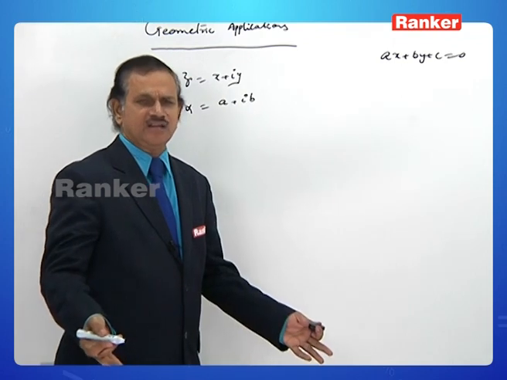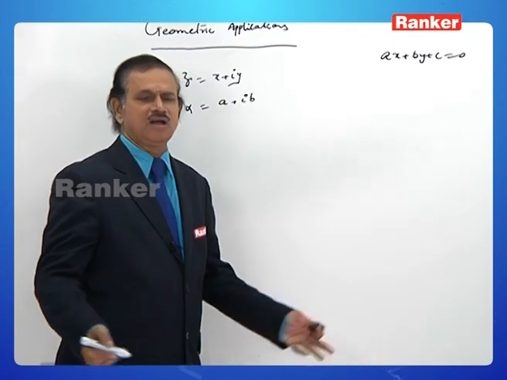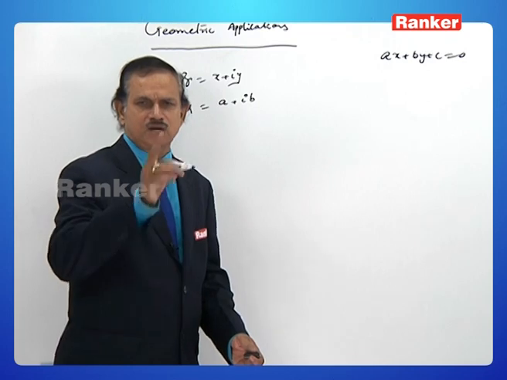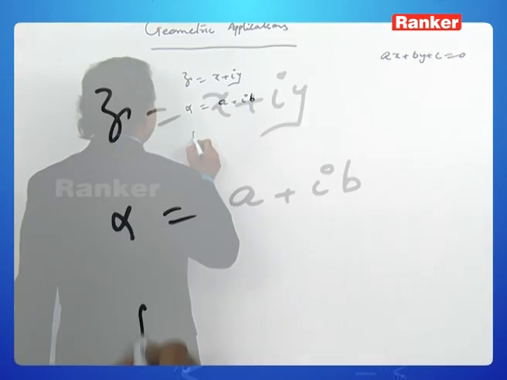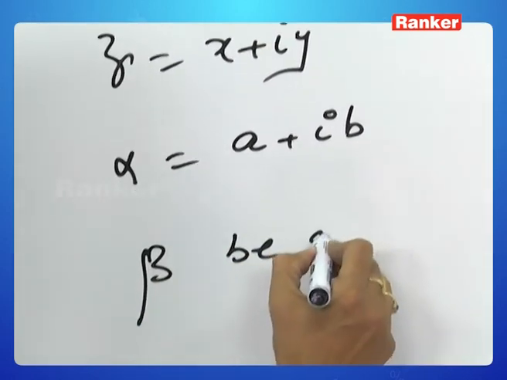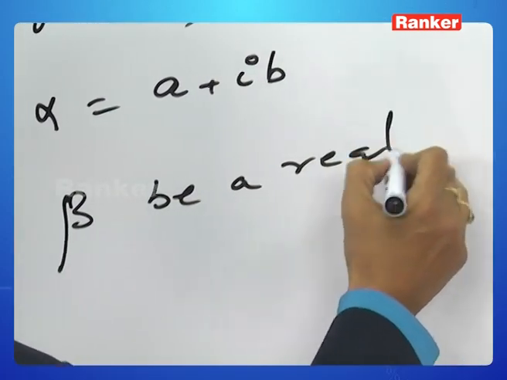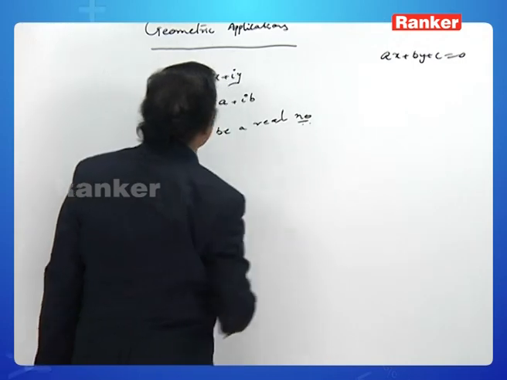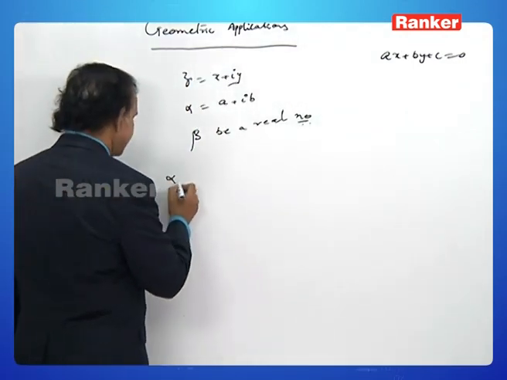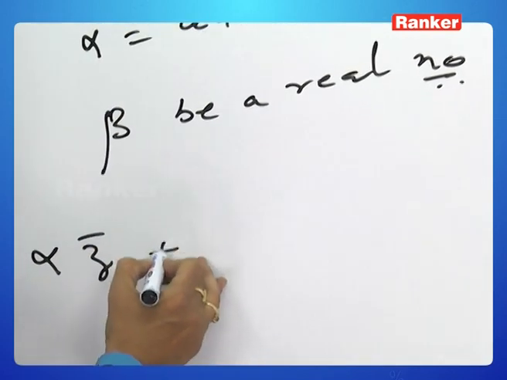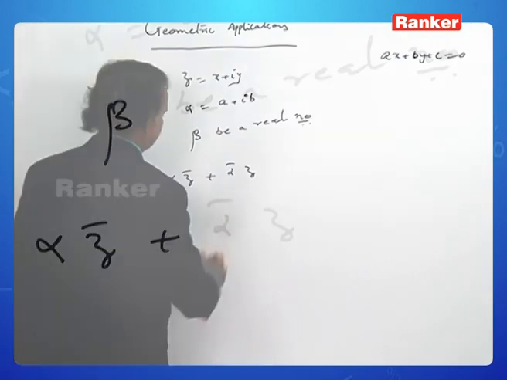A, that is the real part, may be 0 or non-zero, I don't mind, but b should not be 0. Non-real complex number. And beta be a real number.